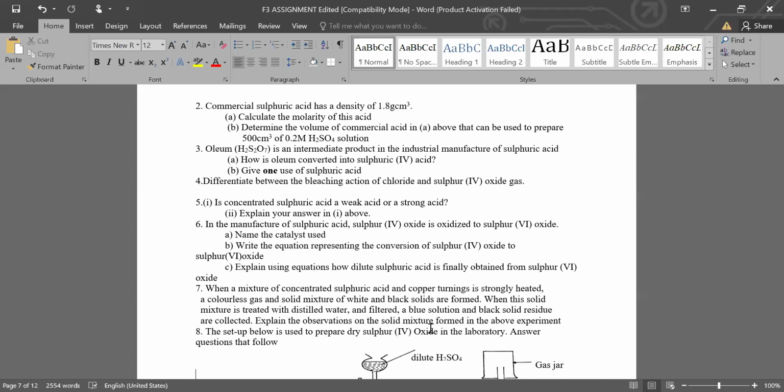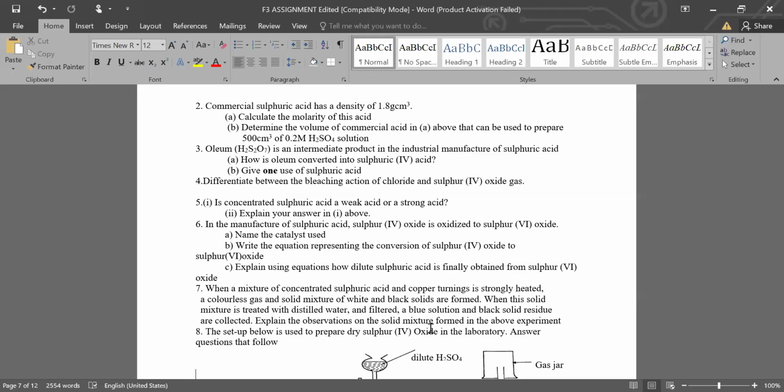How can oleum be converted to sulfuric(VI) acid?